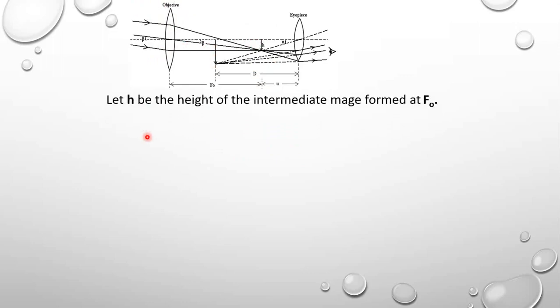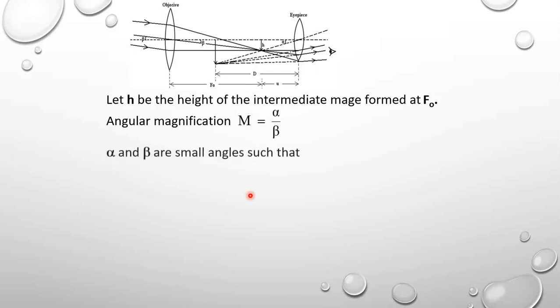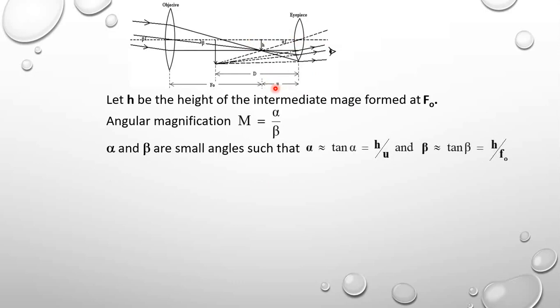So the magnification, that is the angular magnification, can still be got using M is equal to alpha divided by beta, where alpha and beta are small angles in radians, such that alpha is approximately equal to tan alpha, which is equal to h over this distance u, and also beta is approximately equal to tan beta, which is equal to h over the adjacent, which is f naught.